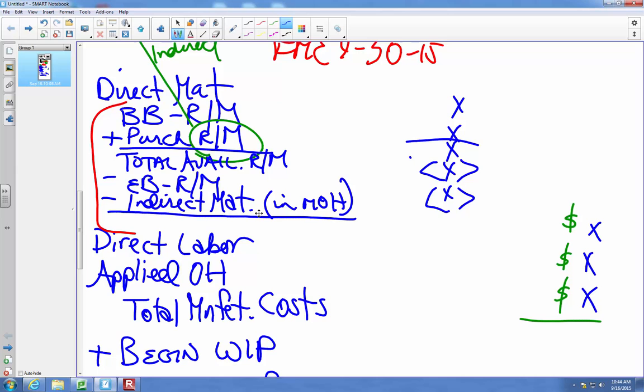Now, how are you going to find your purchases? Look at your raw materials account and tell me where your purchases are. And how do you know that? If you're unsure, go read it.